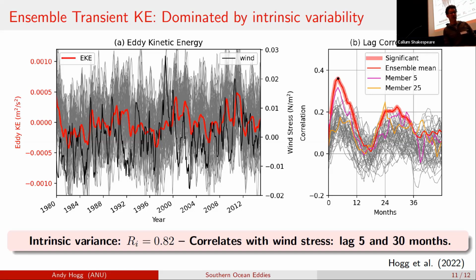We estimate the intrinsic variability to be about 82%, even averaged over the whole Southern Ocean. And that makes it really hard to infer anything from recent measurements of the satellite estimated eddy kinetic energy in the real world, where we've only got one implementation. We've only got one observation. Okay.